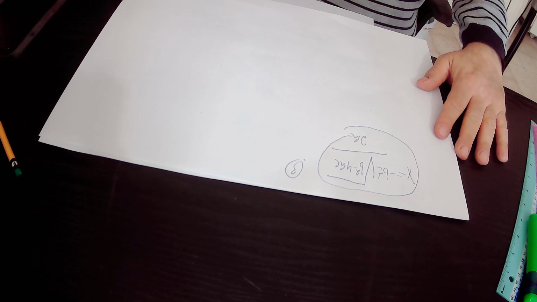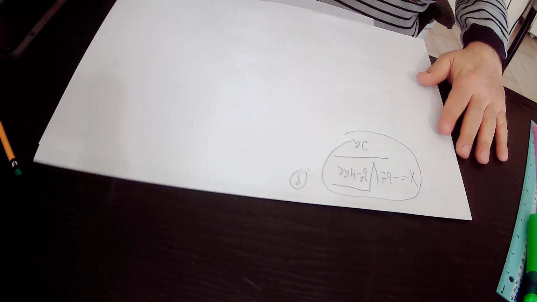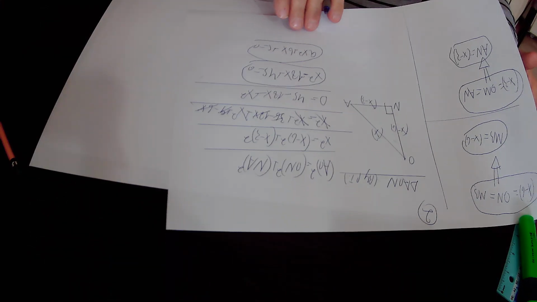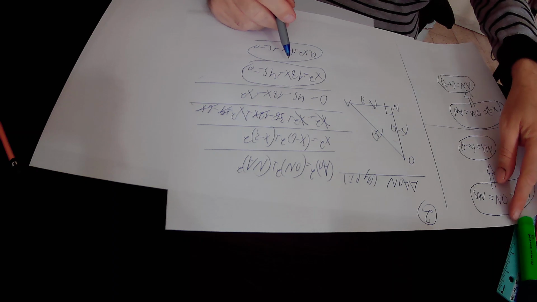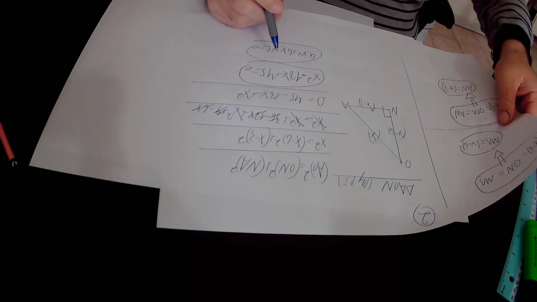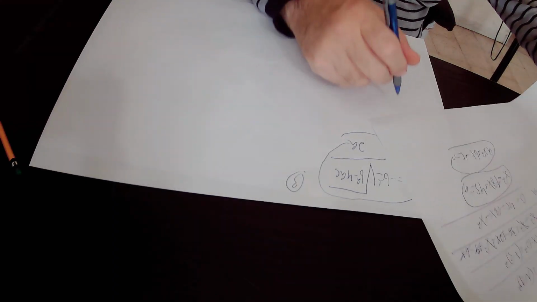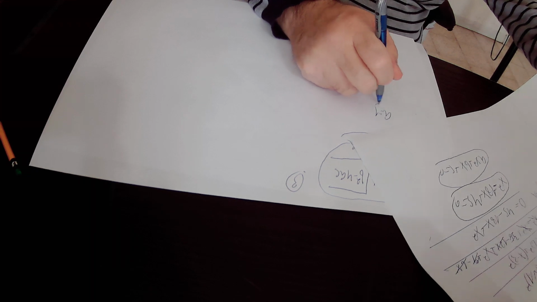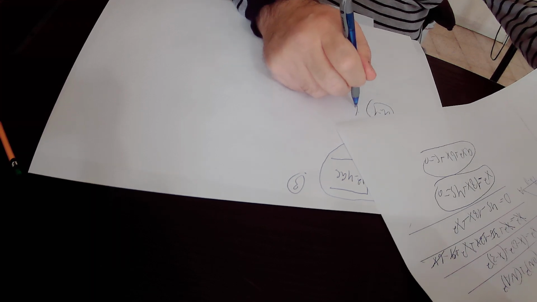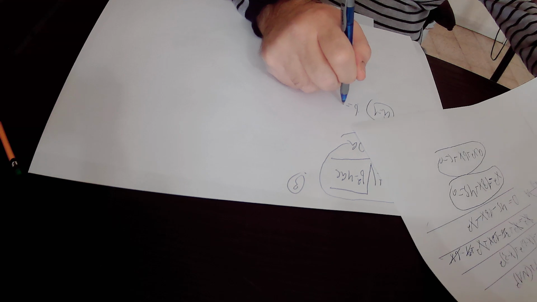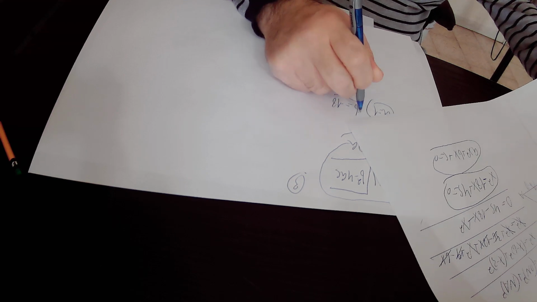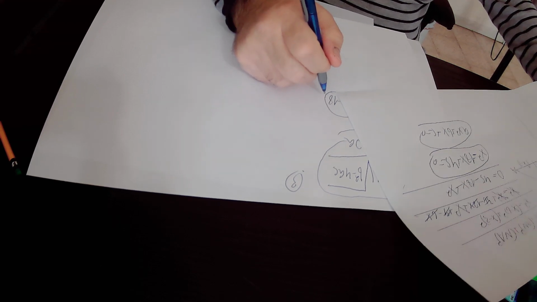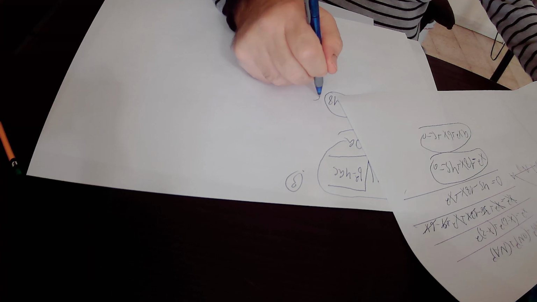In our specific quadratic equation, that is to say x squared minus 18x plus 45 equals 0, the coefficient a equals 1, the coefficient b equals minus 18, and the coefficient c equals 45.